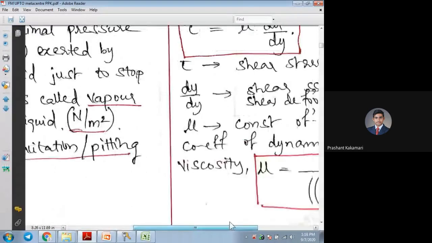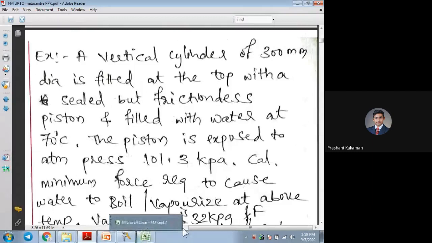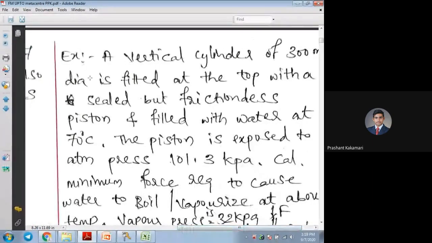So now we'll take one small example, a numerical. You can note it down here. I'll read the complete question.